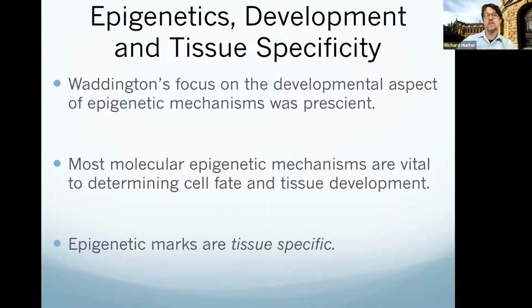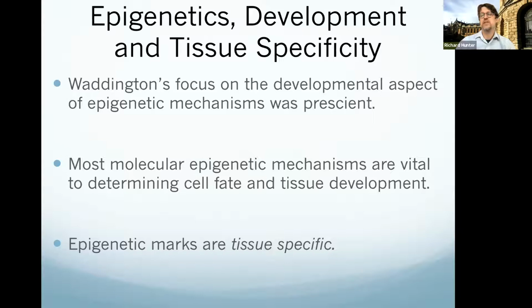So as I mentioned, this is really important in development. The pattern of the epigenetic landscape, as it's called, determines cell fate. And it also tells us something important about epigenetics that makes it a little more challenging to work with than genetics. Every single cell in your body, with the exception of your gametes and your gonads, has the same genome.